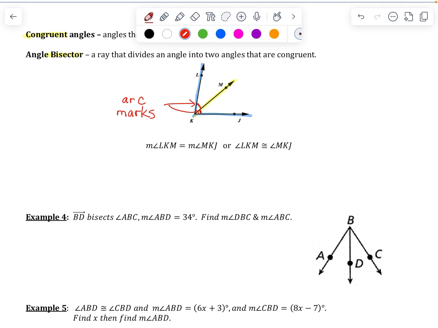So in this original picture, those two smaller angles, again, what I'm going to call inside angles, have the same measurement because there are what are called arc marks identifying them as identical. So I have inside angle 1 and inside angle 2. And again, we could talk about the whole angle, but often we're not going to have any information about the whole angle because we don't need it.